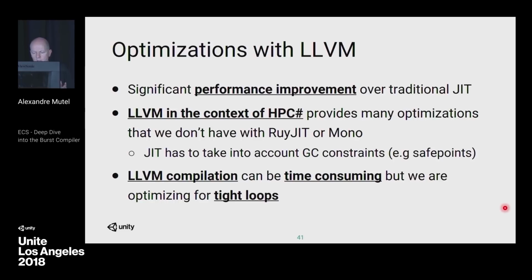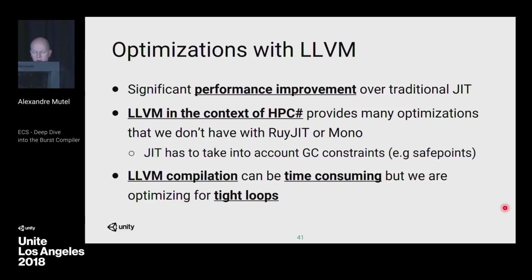So the takeaways for the optimization with Burst and LLVM are that it's bringing major performance improvement, and LLVM with HPC# provides the best optimization for C# that you can have. The main JIT and AOT cannot compete with the LLVM compiler because they need to take into account the GC constraints.